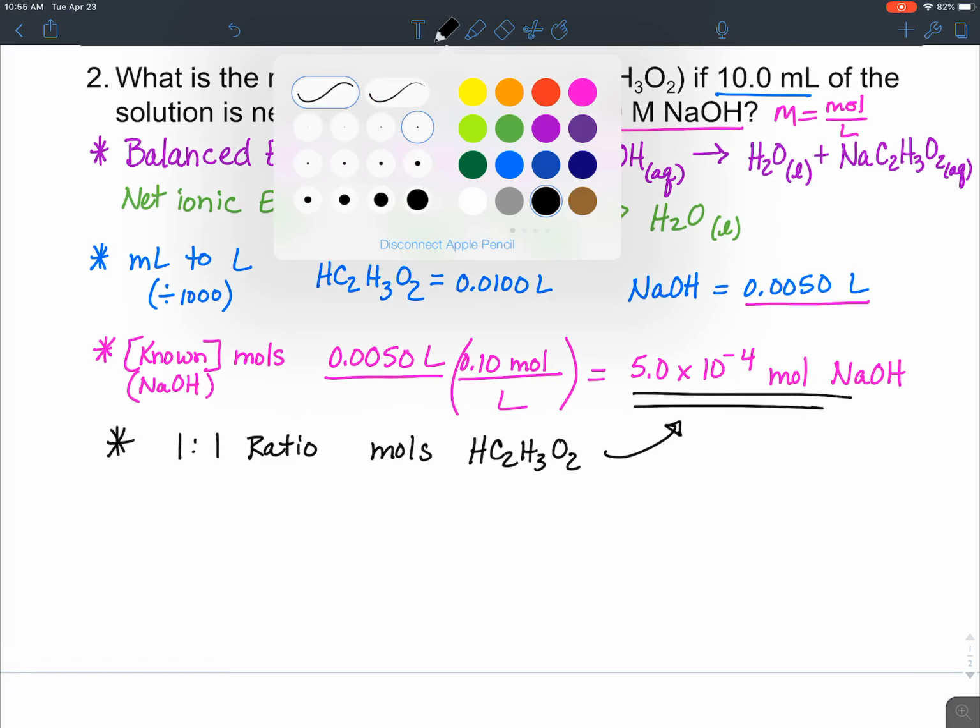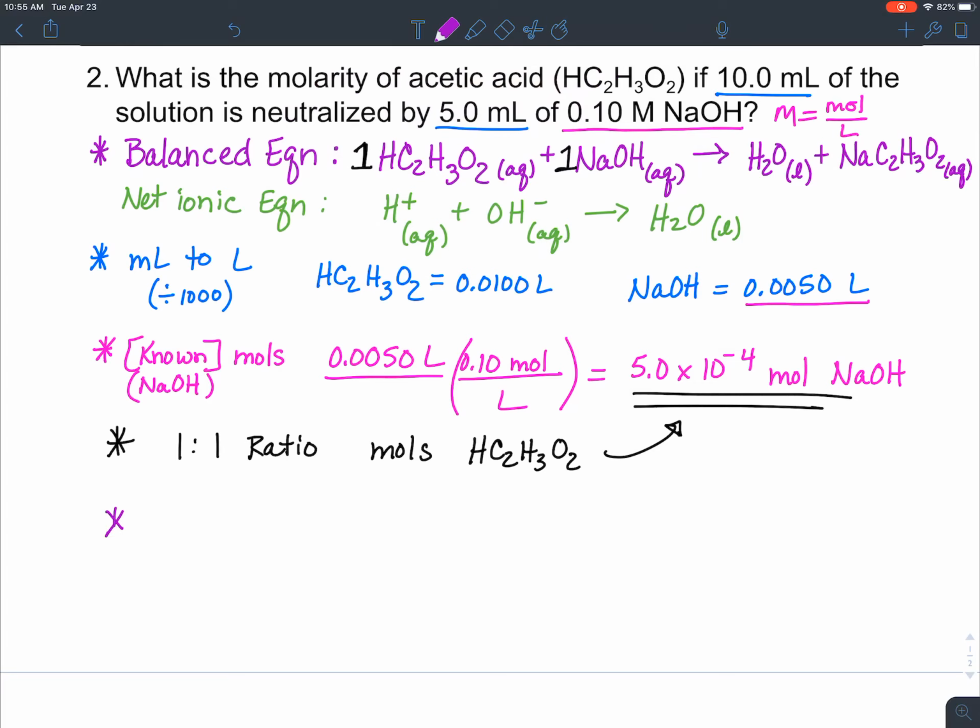Okay. The last step that we need to do at the end is find the unknown molarity, the unknown concentration, which was our acid, HC2H3O2.